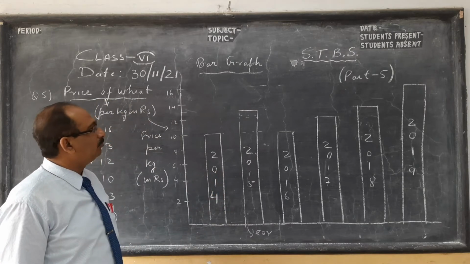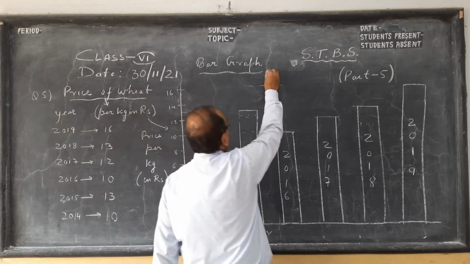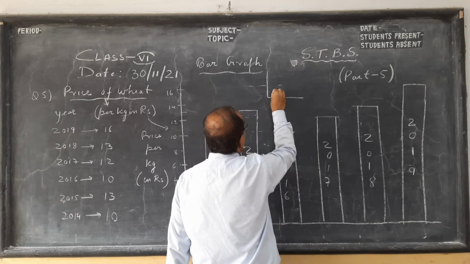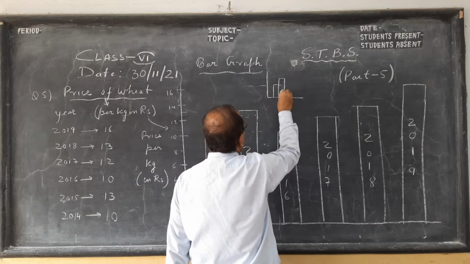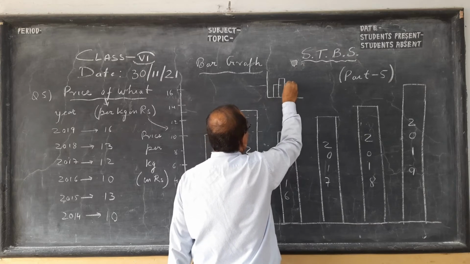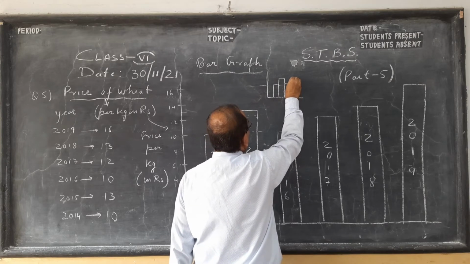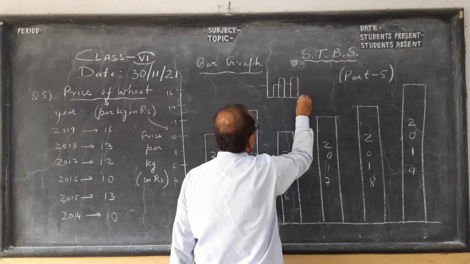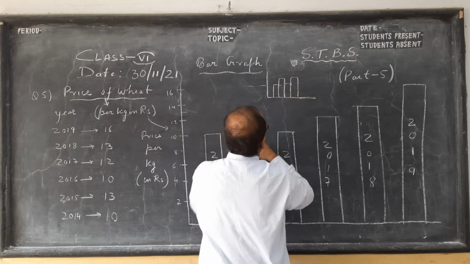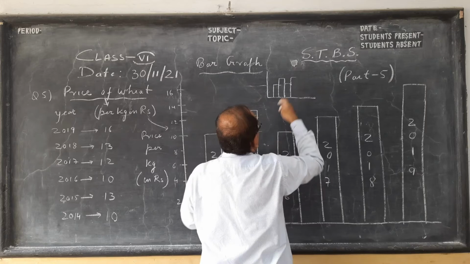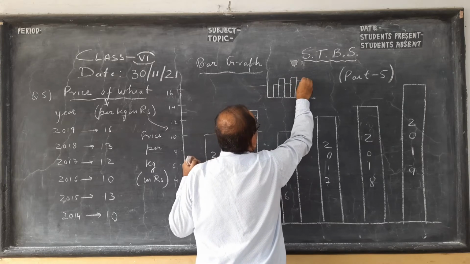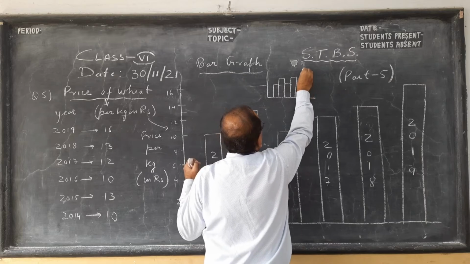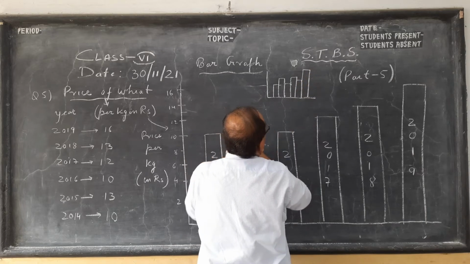But if you join them together, children, just one example I'll tell you. If you join them, something like this, what you will get. I'm just showing you in short. The thickness should be the same. This is just a rough diagram. All the thickness will be like the bar graph, but the height will be different.